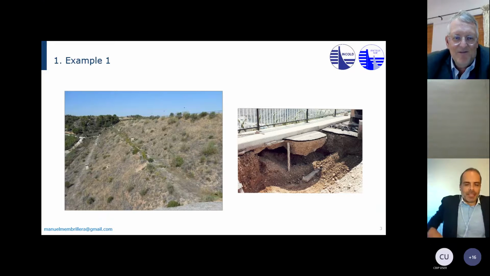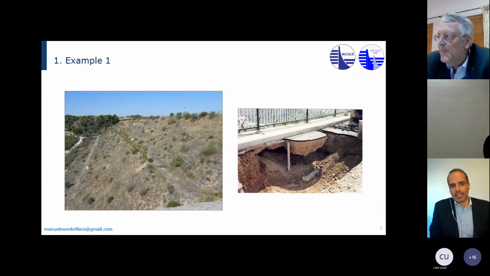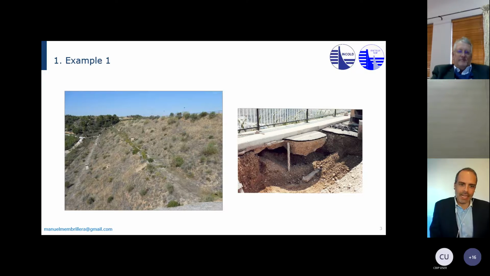So example 1 is Caspe Dam, which was commissioned in the late 80s. So the design was in the early 80s and construction works in the mid 80s, and it was commissioned in the late 80s or early 90s.